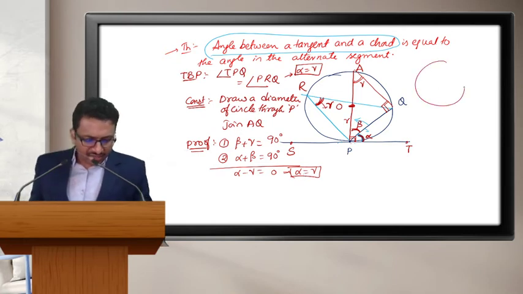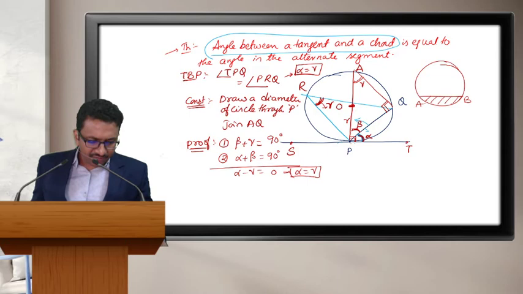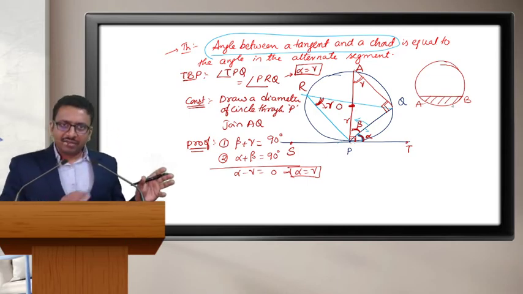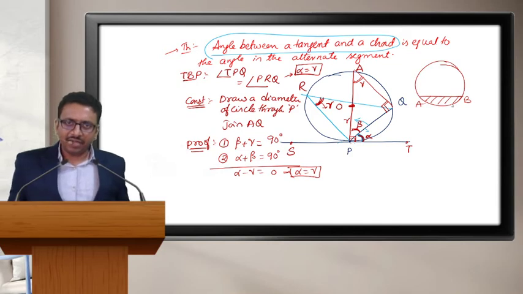If you have a chord AB, the area enclosed by a chord and an arc is called the minor segment. The other one is the major segment.